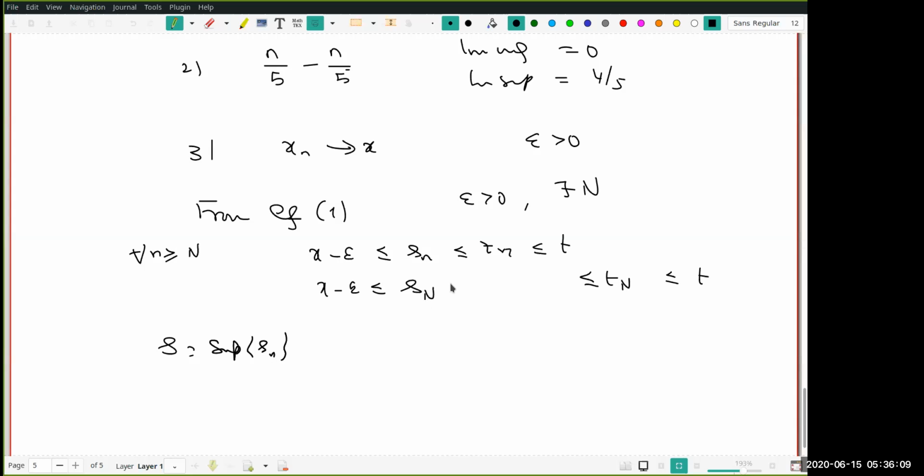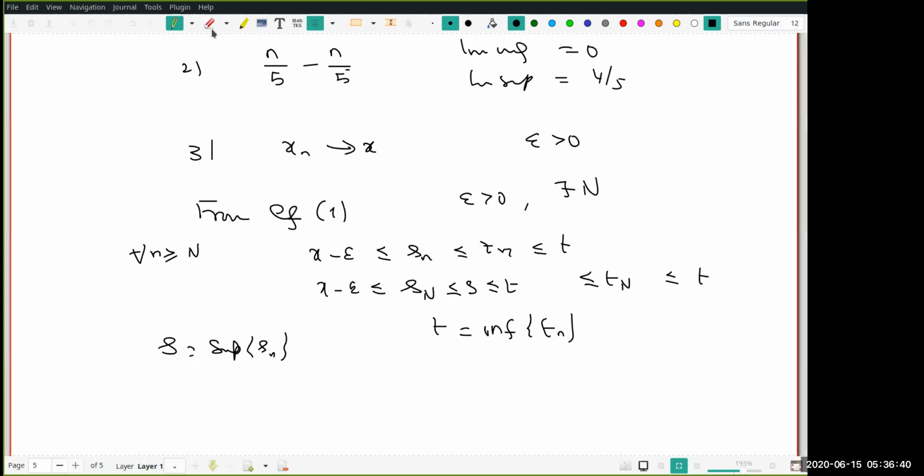Therefore, Sn is less than or equal to S. But I know the relation between S and T: S is less than or equal to T. Now, I also know the relation between T and Tn, because T is the infimum, the greatest lower bound, in particular a lower bound for all my Tn's. Therefore, this T must be less than or equal to T capital N, that's less than or equal to, sorry, this is what happens when I get carried away.